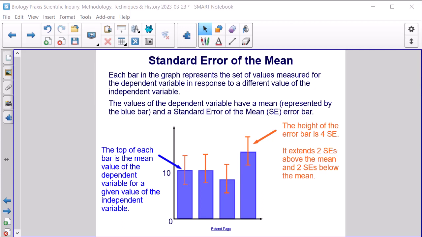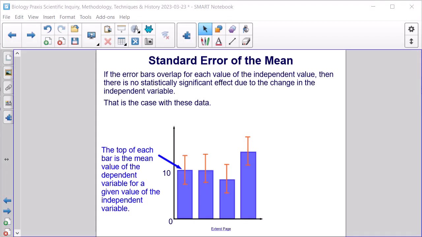The top of each bar in blue is the mean value of the dependent variable for a given value of the independent variable. The height of the error bar is 4 standard errors. It extends 2 standard errors above the mean and 2 standard errors below the mean.